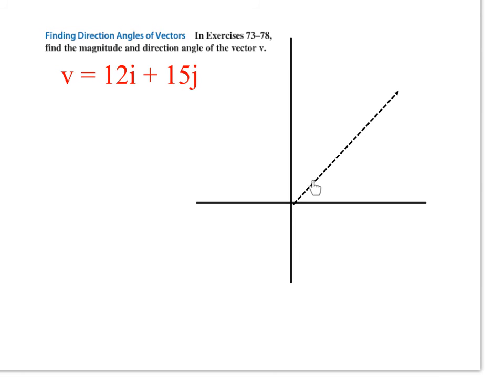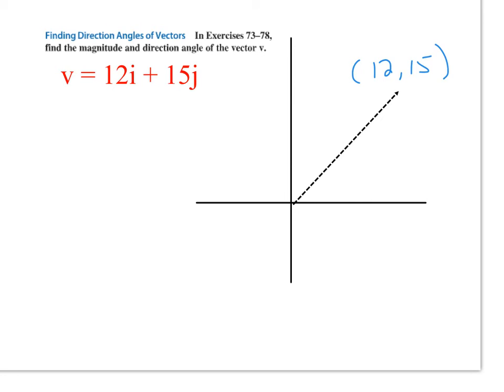Well, here's vector v right here. Okay, this vector v, its terminal point. You guys tell me, what is its terminal point? Good, it's 12, comma, 15, that's the terminal point.